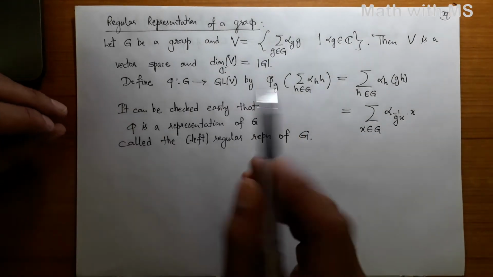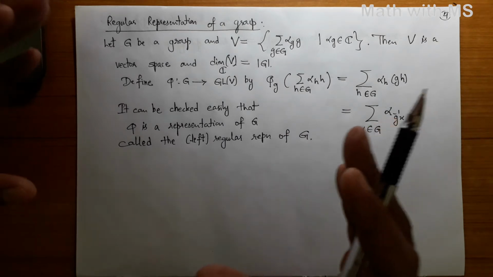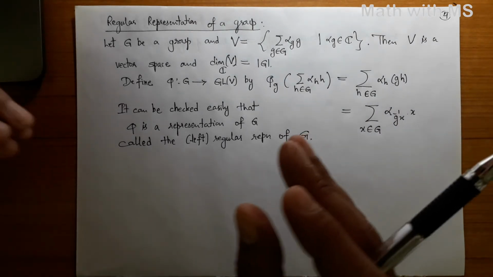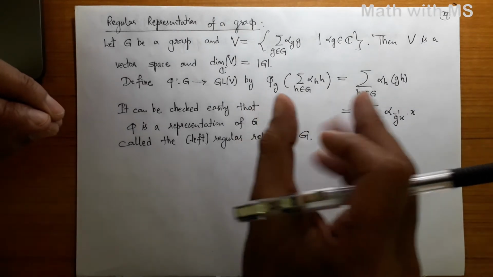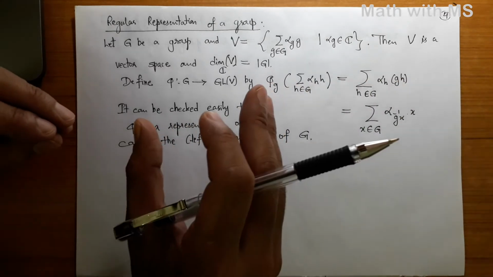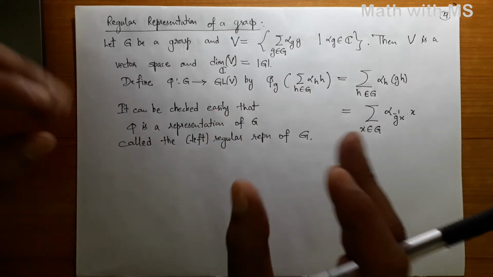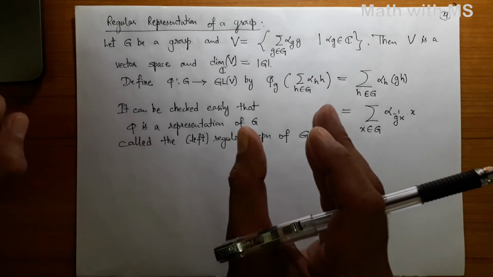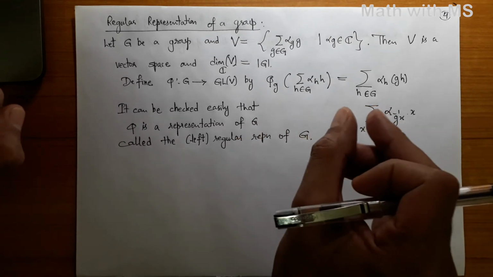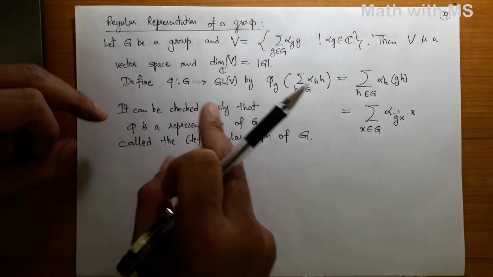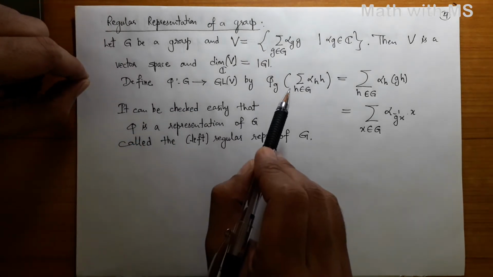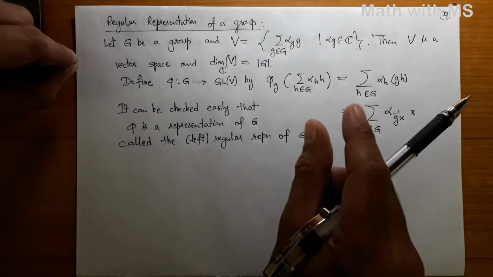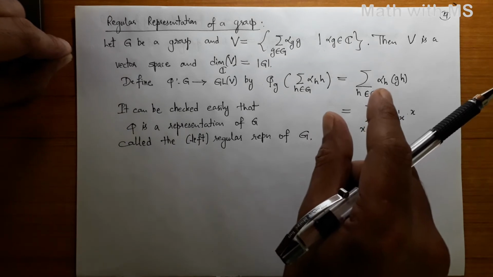The regular representation is the most important representation of a group G because it admits each irreducible representation of G as its constituent factor. Furthermore, the multiplicity of each irreducible representation of the group G in the regular representation is precisely the degree of the irreducible representation.